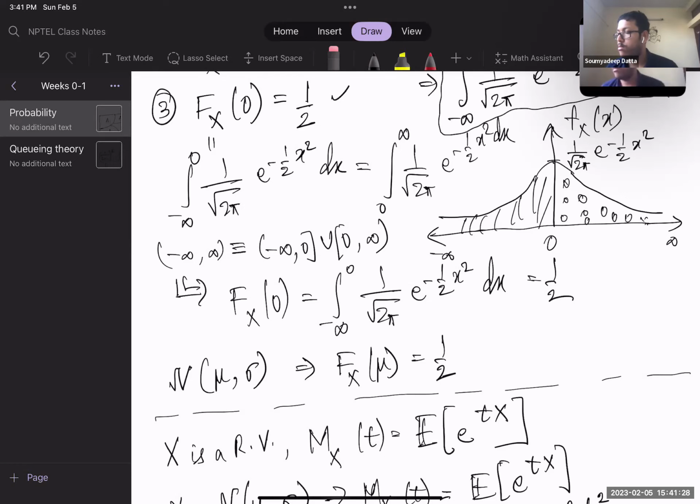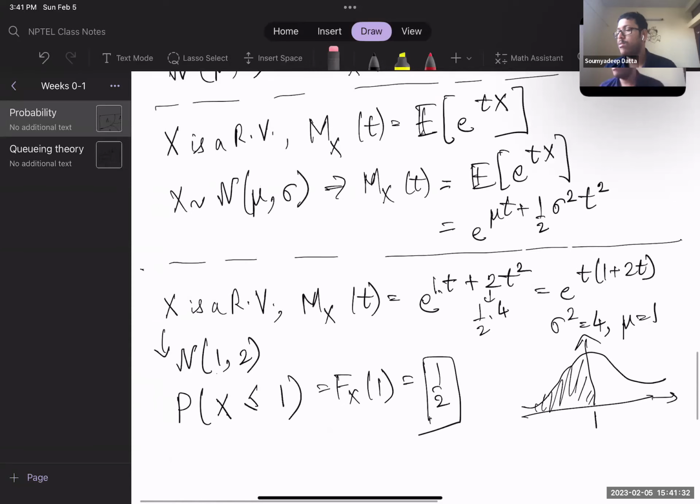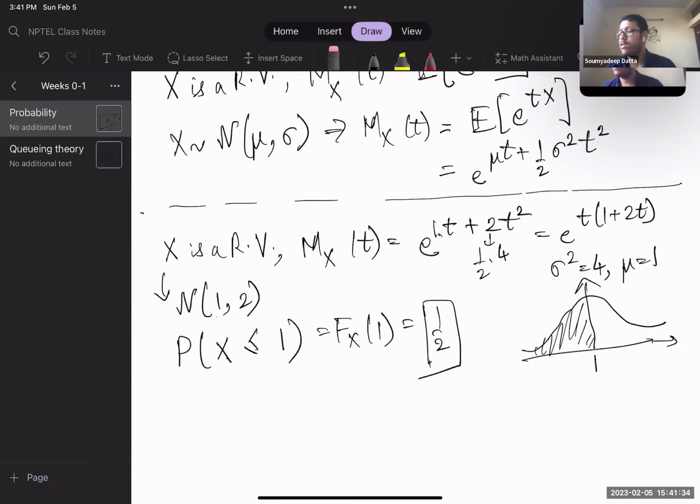But you don't need to solve that integral if you can identify these kind of patterns. If you can just use basic conceptual understanding, you can solve it. Okay.